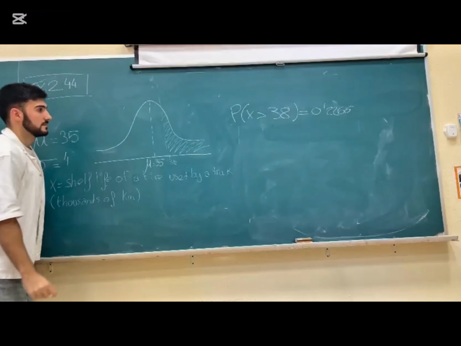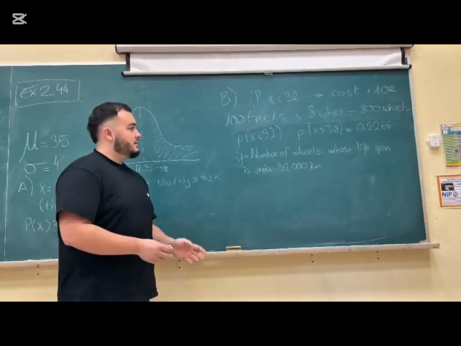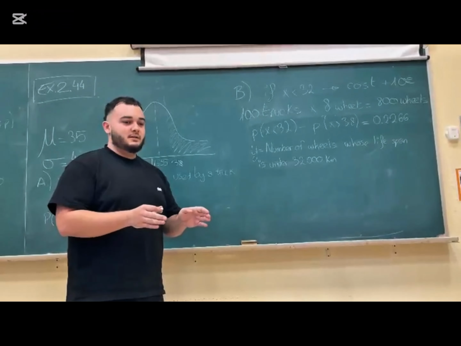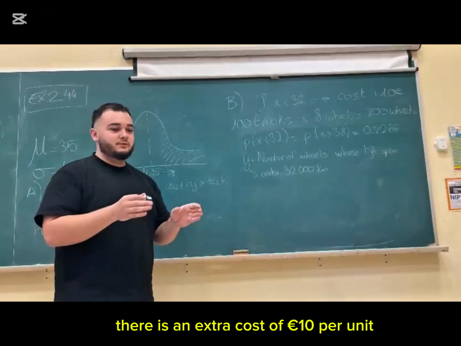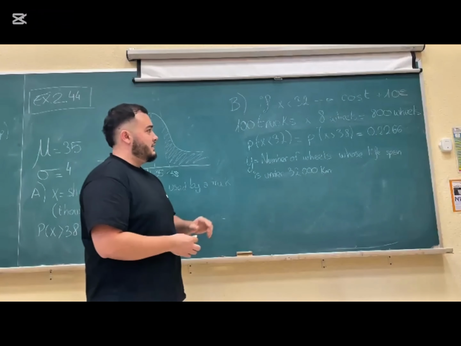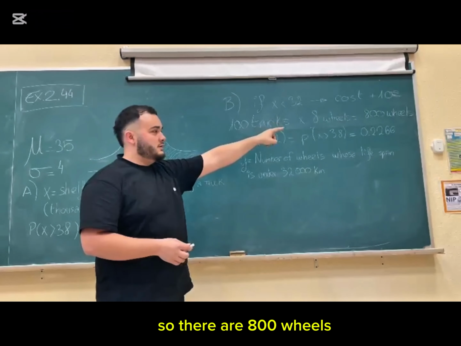Okay, so for part B of this exercise, it tells us that each time a tire is broken before 32,000 kilometers, there is an extra cost of 10 euros per unit. It has told us that there are 100 trucks with 8 wheels each one, so there are 800 wheels.